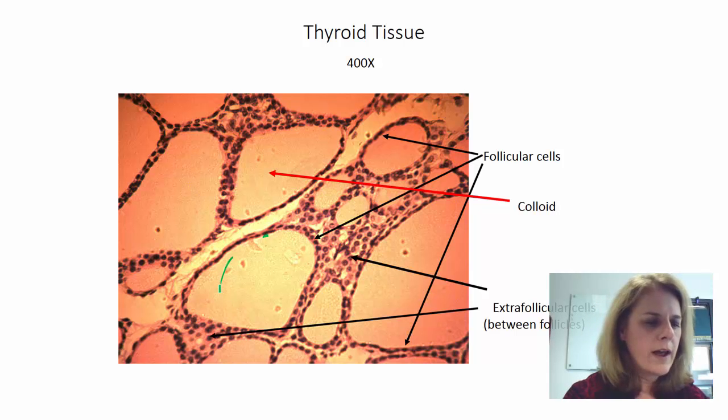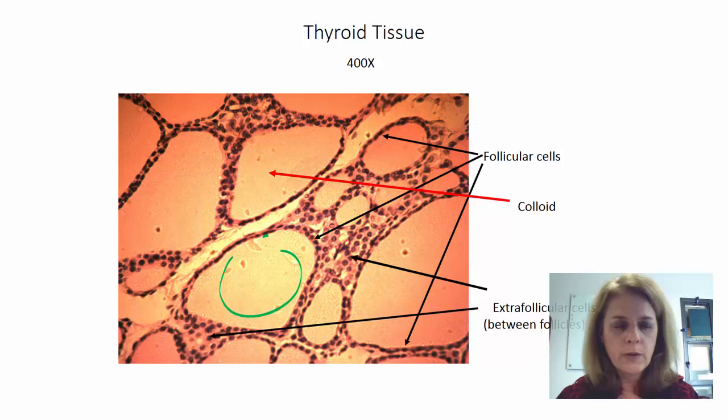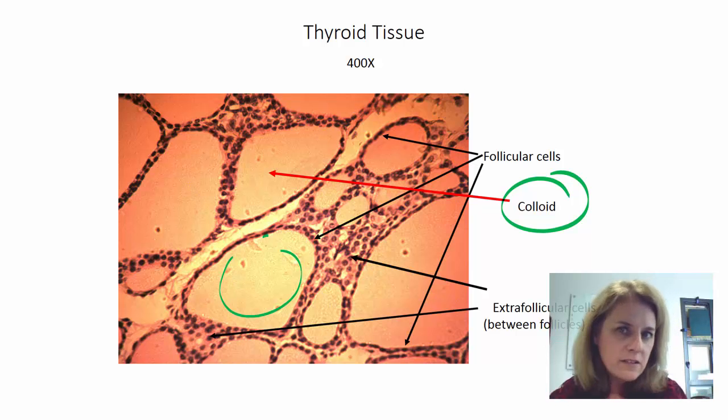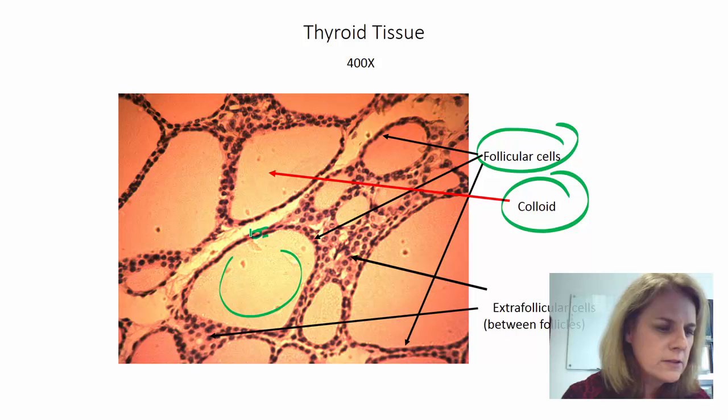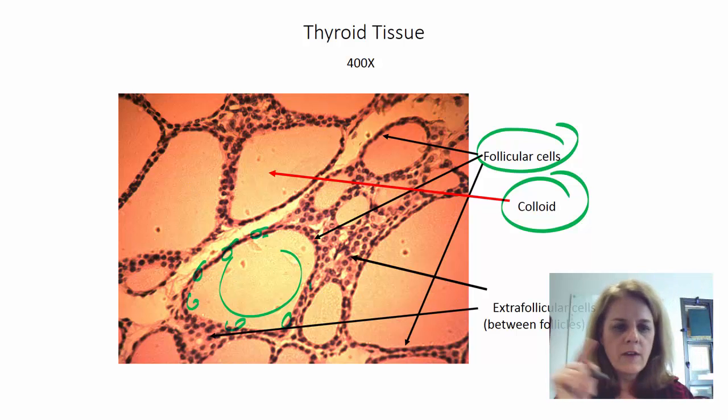The big round circle is the follicle, and it's filled with something called colloid. The pink stuff filling up the follicle is the colloid. What makes the follicle, which borders and forms this structure, are called the follicular cells. These little cells here are your follicular cells. They ring the follicle.